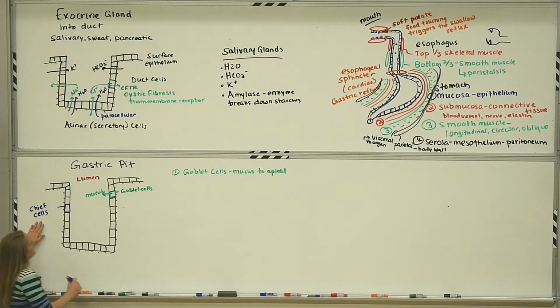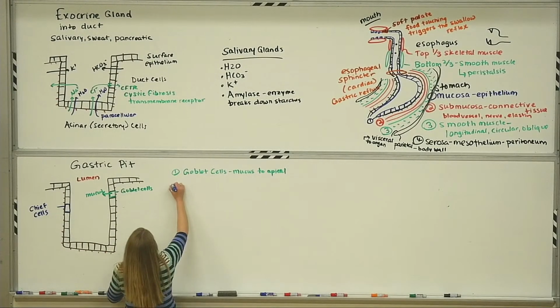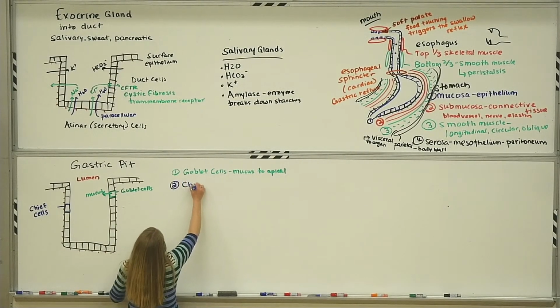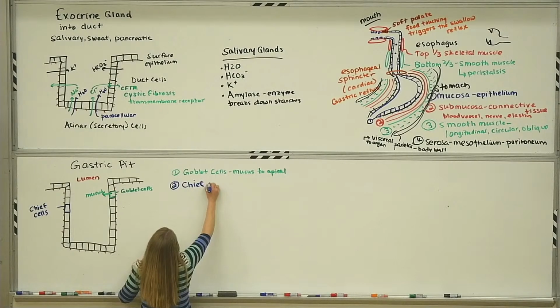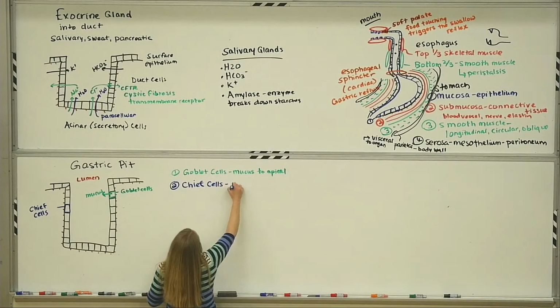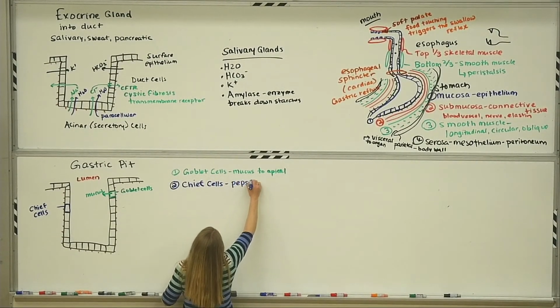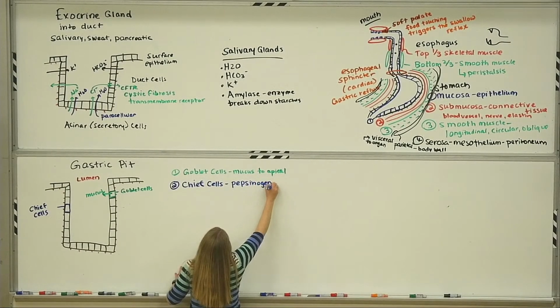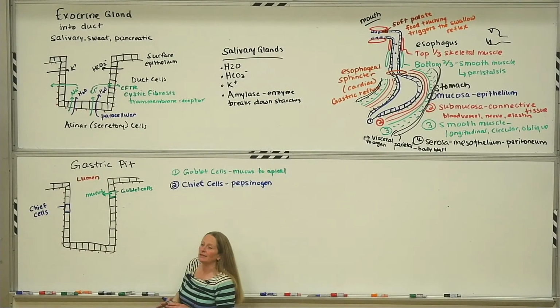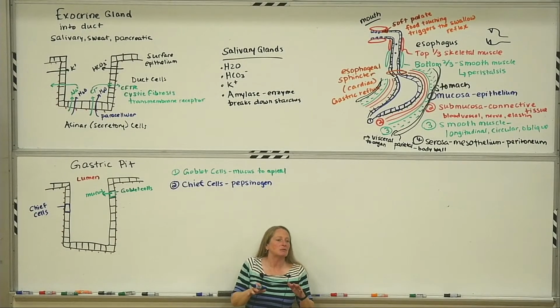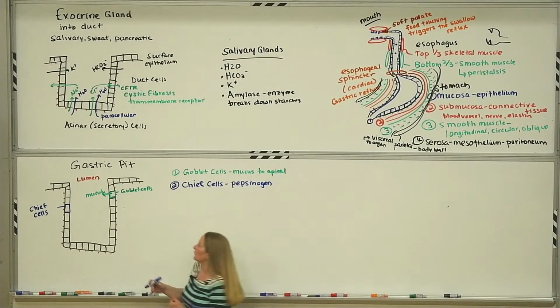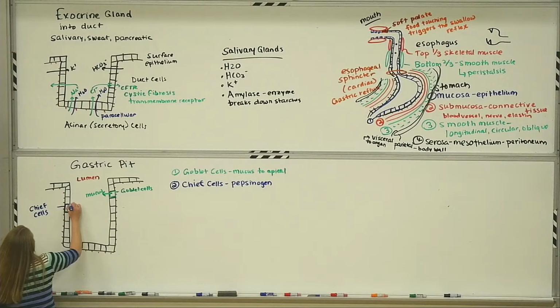So these chief cells are going to be secreting pepsinogen. And again, that's the inactive form. But we want to put this into the lumen because we need this to be able to break down the proteins that we've eaten. So this is going to go across the apical side.